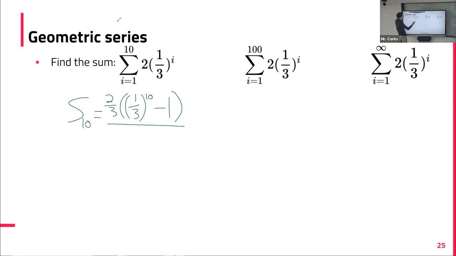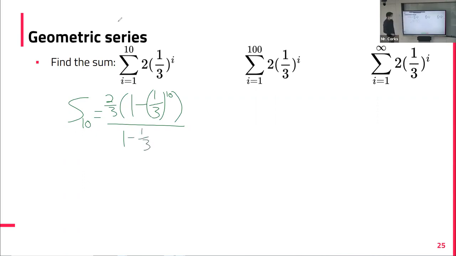Okay, so here's something. Remember our formula? We have the other version. Let's use the other version of the formula that will make our negative sign a little easier to deal with. So 1 minus 1/3 to the exponent 10, and on the bottom, 1 minus 1/3.